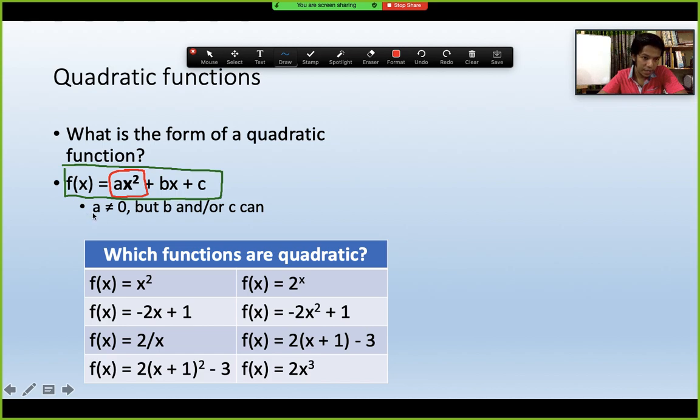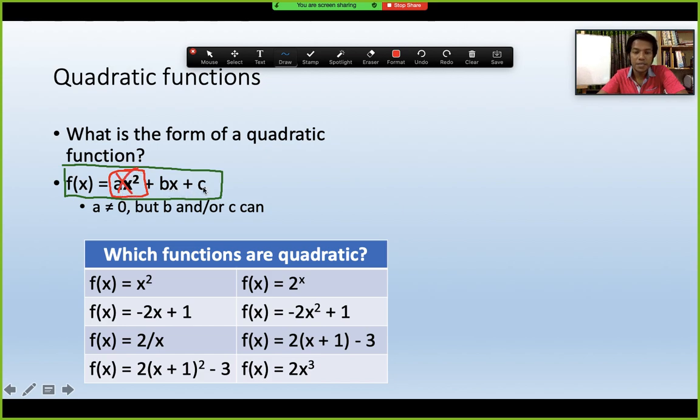We said that a cannot be equal to 0, but b and c can be 0, no problem. So why can a not be equal to 0? What happens if a equals 0? Then this entire term becomes 0.